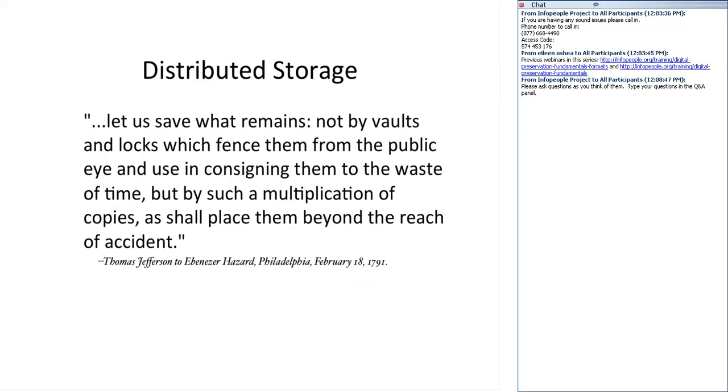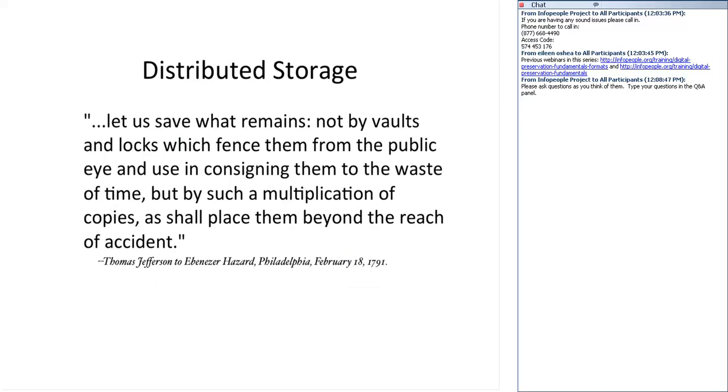Fedora potentially can store those objects on any type of server. So DuraCloud uses a cloud-based system, which is essentially a lot of hard drives accessible over the network that are constantly being mirrored to one another so they can be easily replaced. Another granddaddy of cloud systems and distributed storage is the LOCKSS network.